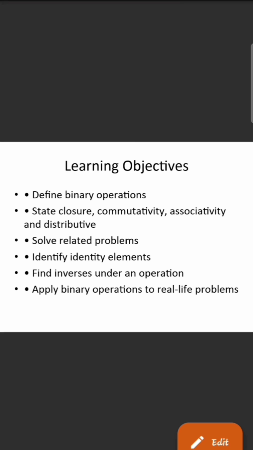Then we should also be able to identify the identity elements, find the inverse under an operation, and apply binary operation to real life problems. You should also know how binary operation is used in real life situations, because every aspect of mathematics that we are learning has its own application in real life.